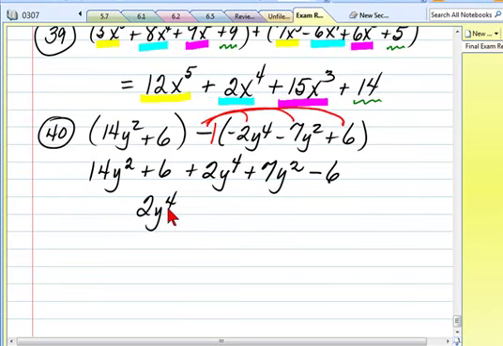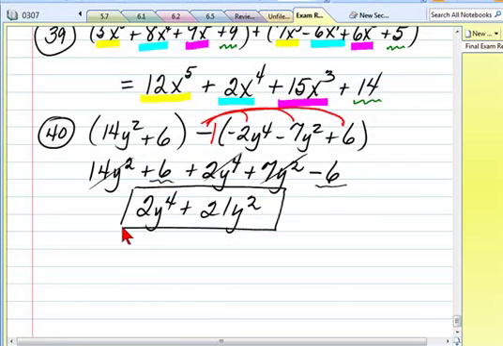I don't have any y to the thirds, but y to the seconds: I have 14 and 7 for 21y to the second. I don't have any y's, and my constants cancel out. They are opposites, so that's all I get. It would not be counted wrong if you didn't put it in descending order.